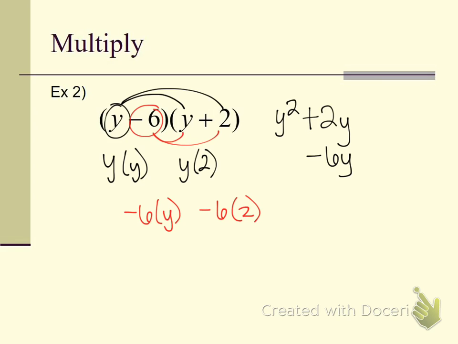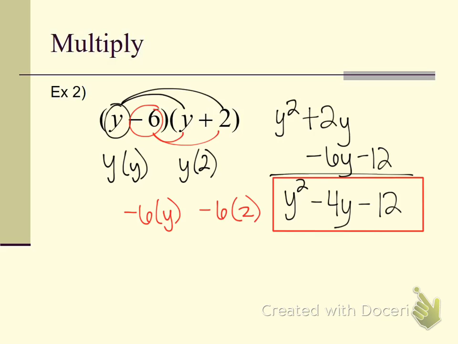Negative 6 times 2, I can get it, is negative 12, not lined up under anything because there's nothing like it. Okay, we're ready to combine our like terms. Y squared has nothing like it. What goes in the middle? A negative 4y and minus 12. And it is already in standard form.